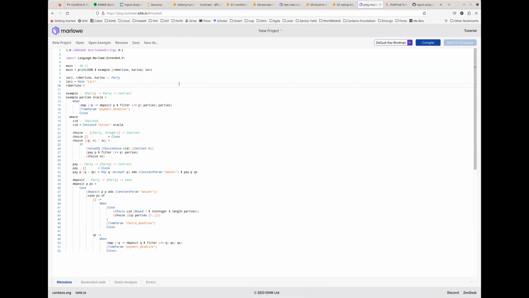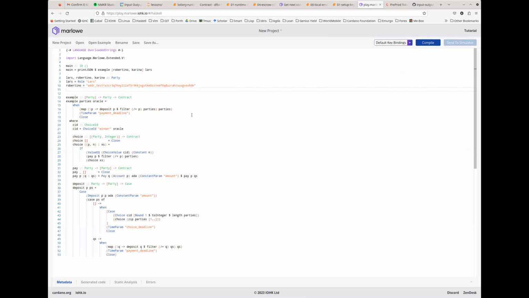Does anybody know what the constructor is called? Don't recall, but I can look it up quickly. Probably not account. Account is something else. Maybe it also works with overloaded strings like this.